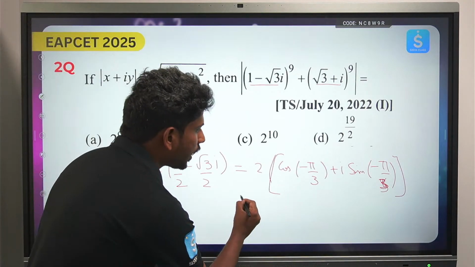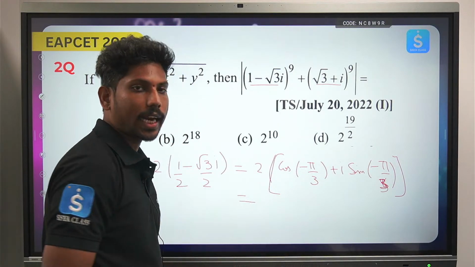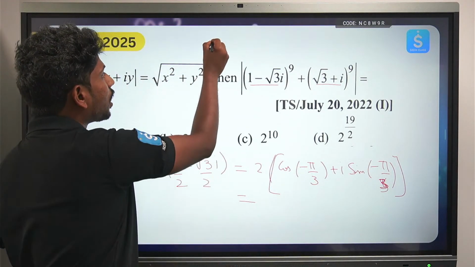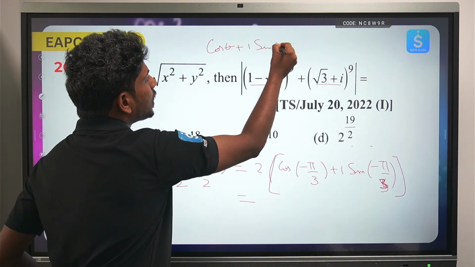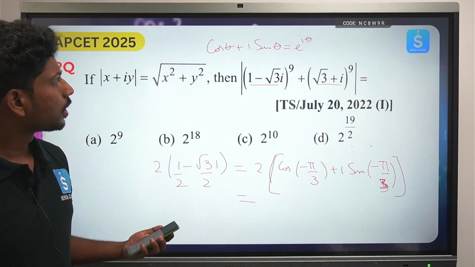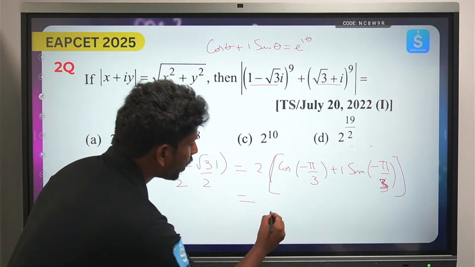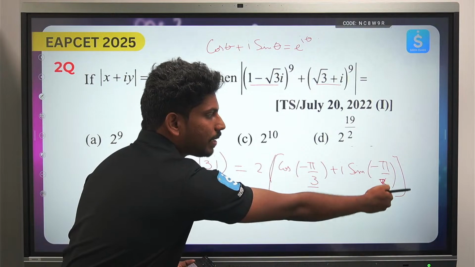Here, as I said earlier, cos theta plus i sin theta, can I write it as e power i theta? Here what is theta? This is minus pi by 3.